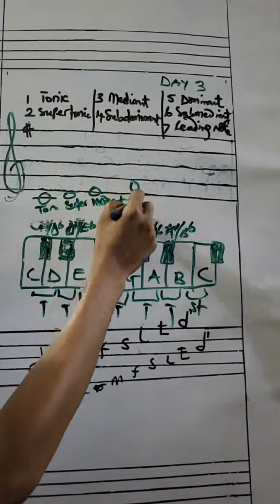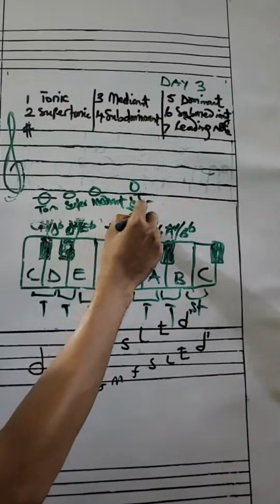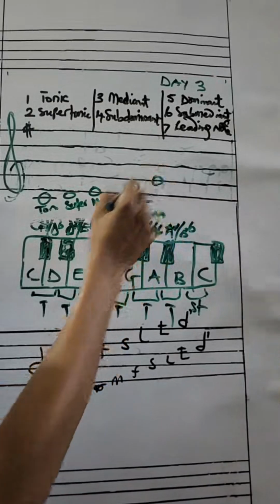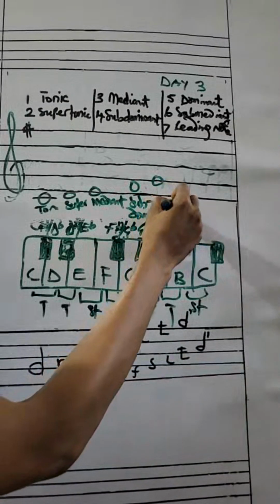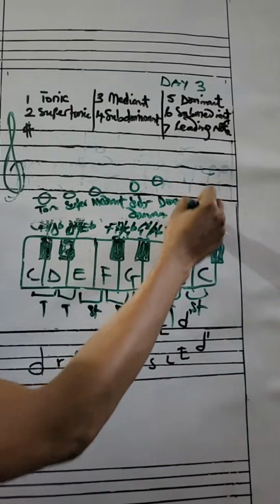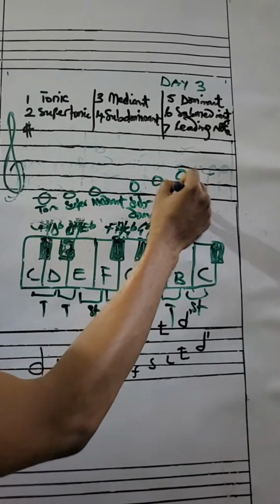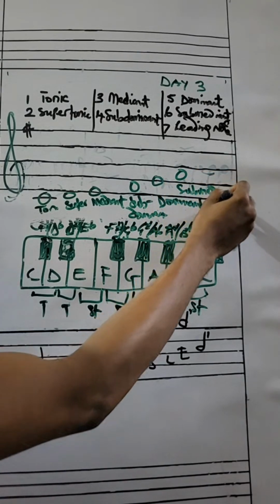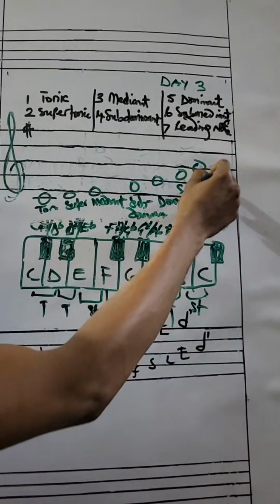My fa is my subdominant. My so is my dominant. La here is my submedian. My ti is my leading note.